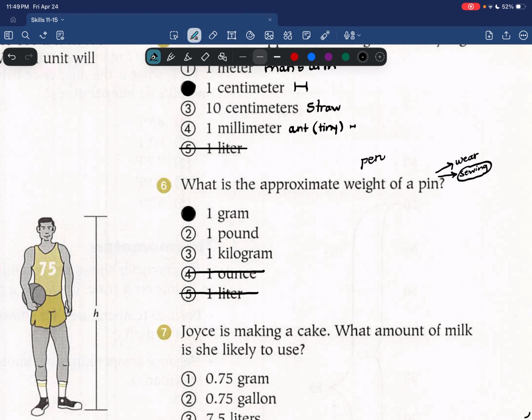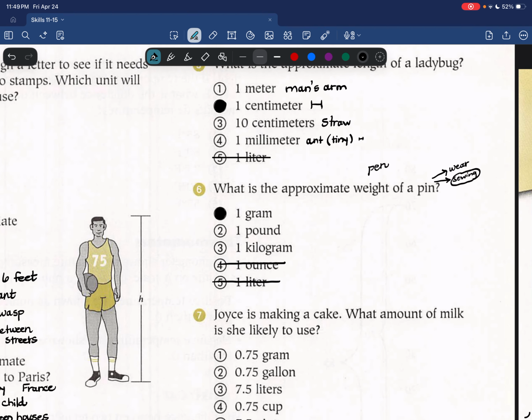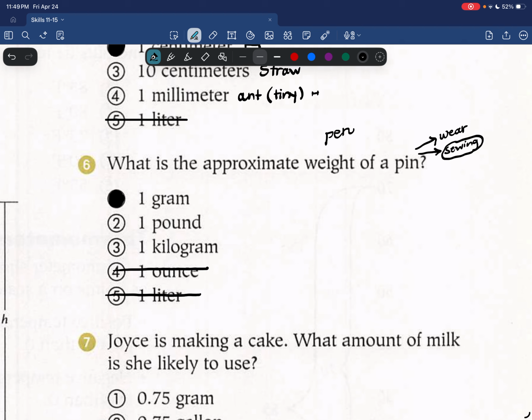And a kilogram, what did they use as a benchmark? A quart of milk. Both of those would be very much too heavy. So 1 gram would be a sewing pin, not what you wear. That would be several grams. An ink pen is spelled P-E-N.